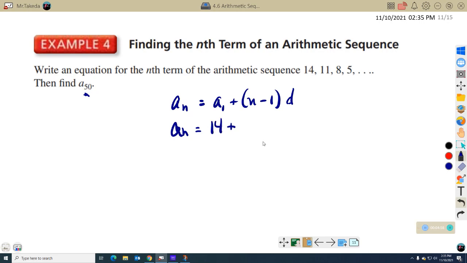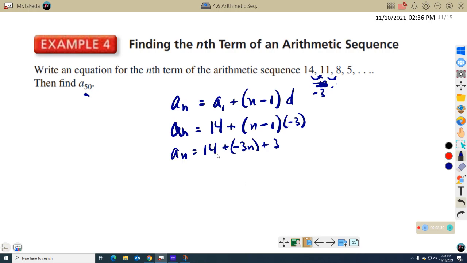plus n minus 1. And our common difference here is what? Negative 3, right? We're subtracting 3, times negative 3. And I can distribute on the right side, 14 plus negative 3 times n would be negative 3n, and negative 3 times negative 1 would be positive 3.